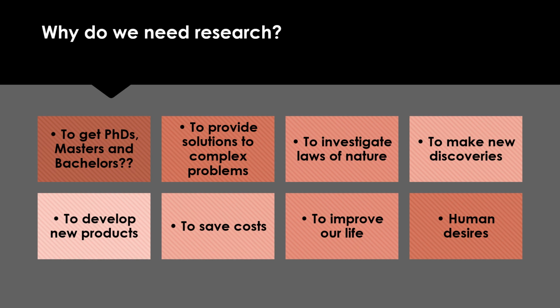We also need research to provide solutions to complex problems, to investigate laws of nature, to make new discoveries, to develop new products, to save costs. For example, if we have a process which involves higher cost, we can improve it by reducing some of the process to save costs, to improve our life and also human desires.